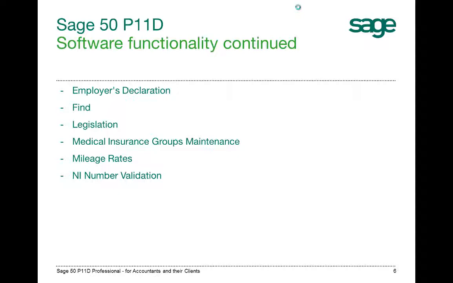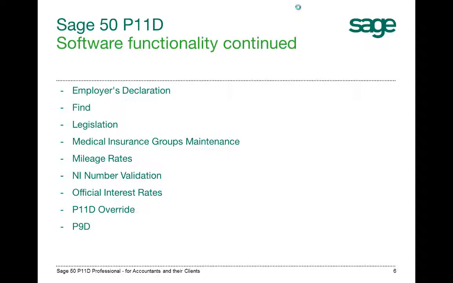The Sage 50 P11D software checks the validity of your employees' national insurance numbers as you enter them. And you can adjust official interest rates in the event of changing inflation or for foreign currencies. You can actually also override the programme calculated benefit values on an employee-by-employee basis.